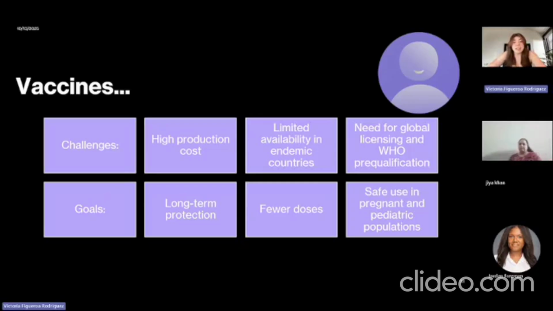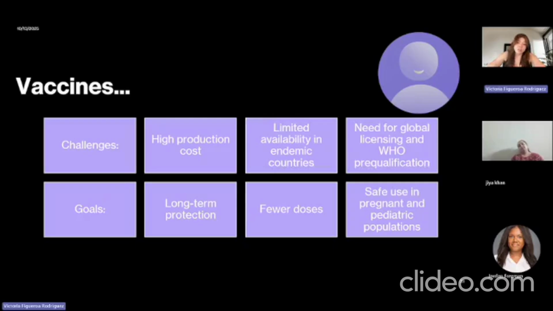They will need to be licensed globally by the WHO prequalification. Now that the United States has two of them licensed, if we want to export them to parts of the world that may not have the access that we do, we need the WHO to license them, not only in the States but globally.